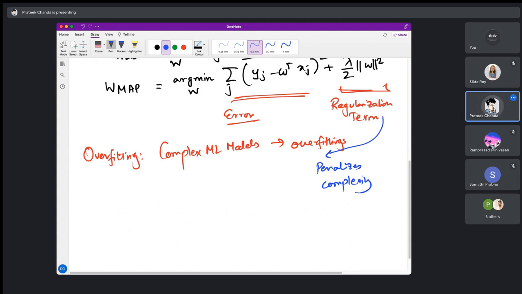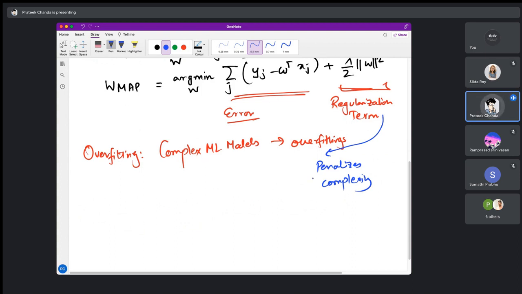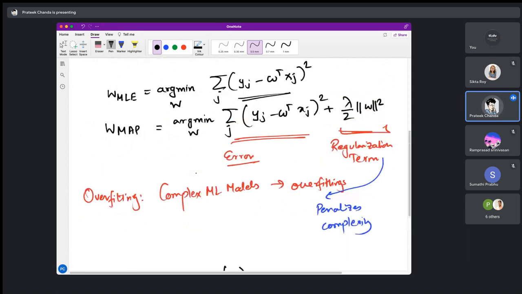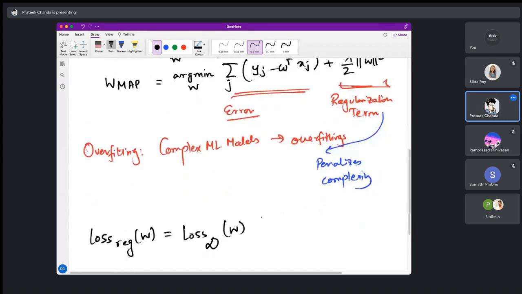So that's the thing. I can write it in a more general fashion like this: the regularized loss over W is equal to the loss over the entire data set, which is just the L2 loss that we saw, plus some lambda times a regularization function.